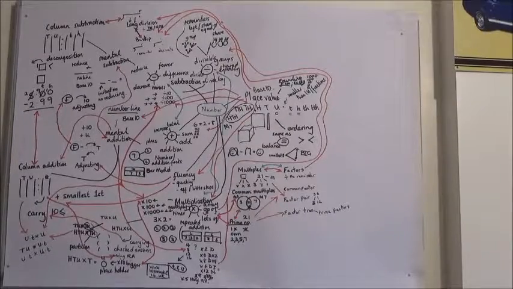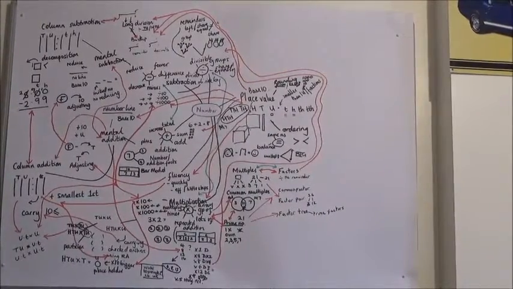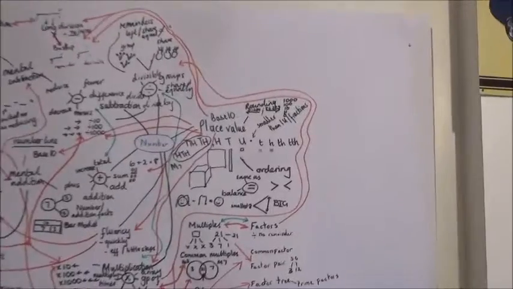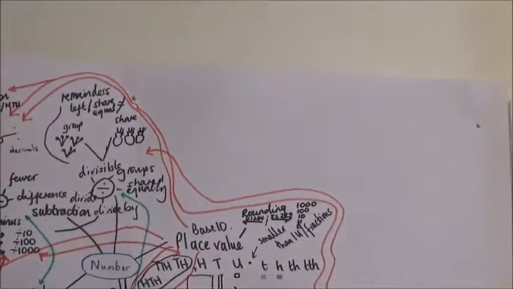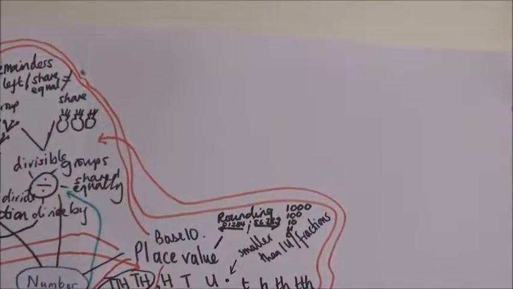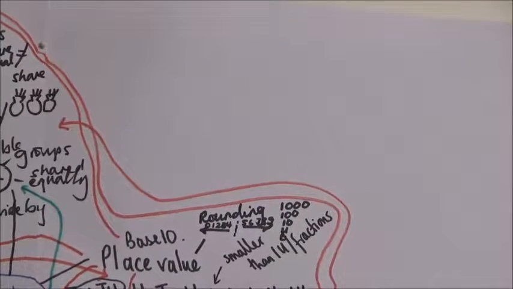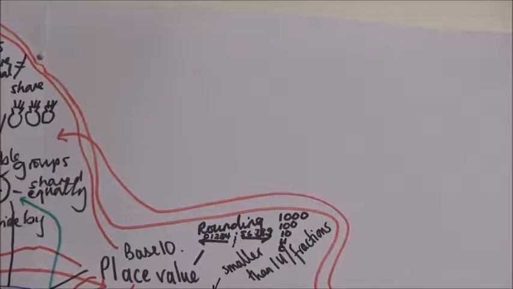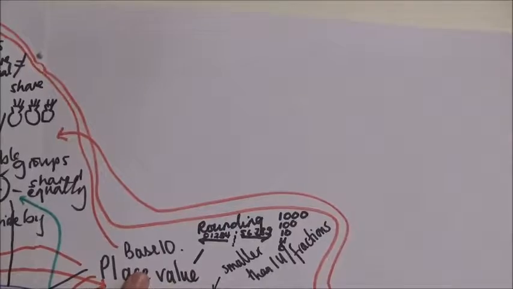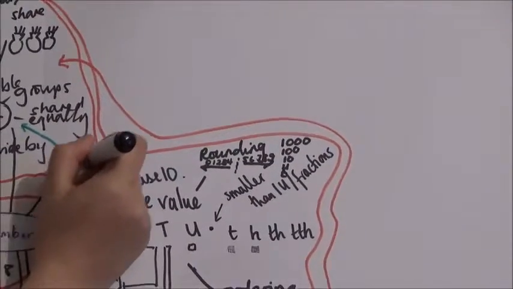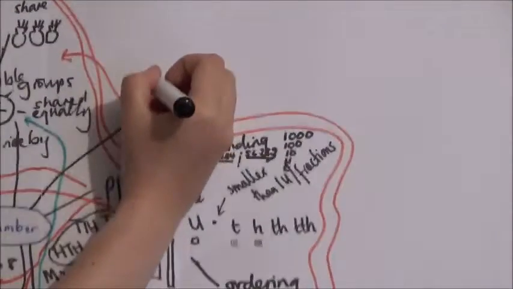So let's put fractions onto our ever-growing number mind map. It looks very complicated, but if you've gone through all the videos with us, then this will make complete sense to you. So we're going to go up here, past place value, up here to fractions.